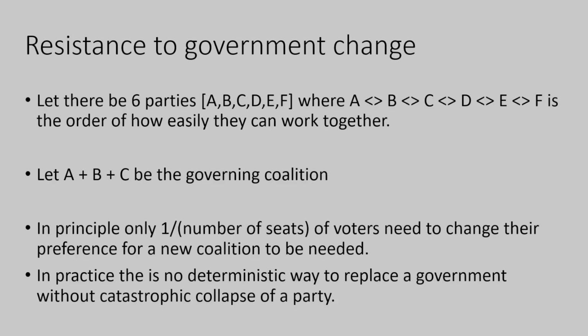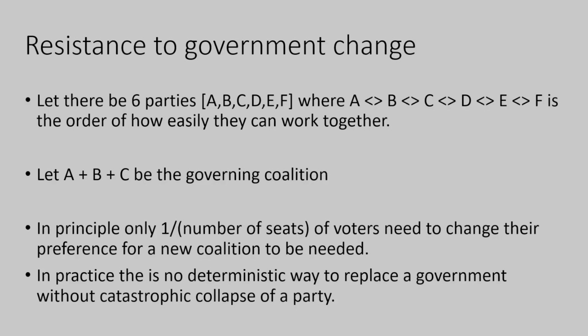So just because someone switched their vote, let's say from party C to party D, in order to try to get C out of coalition, doesn't actually mean C will leave coalition, because it could very well be the case that instead of having A in the coalition, now you have B, C, D. And this is where it gets very complicated, and this is really the biggest weakness of proportional systems.